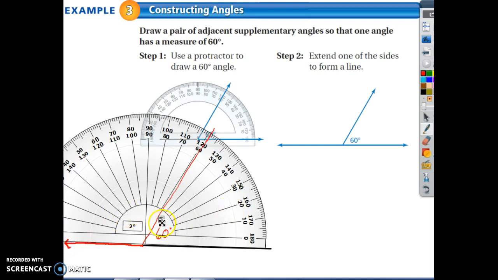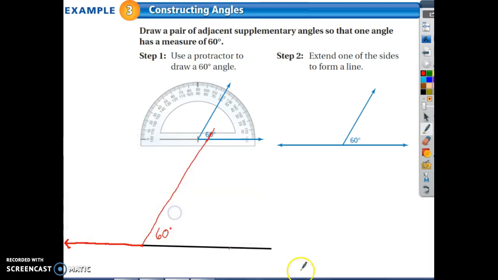Meaning that the 2 angles I have formed now create a pair of angles that adds up to 180 degrees. Because they form a straight line, all together this angle is 180, meaning that this missing piece here has to be 120 degrees.